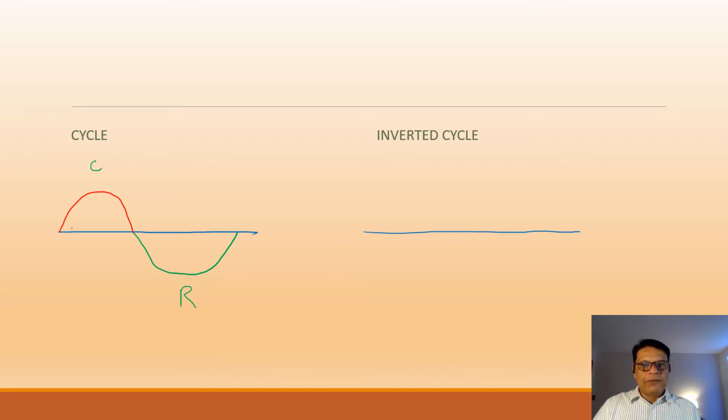And if you flip this cycle like this, now this cycle is starting with a crest and ending with, sorry, here is a trough.